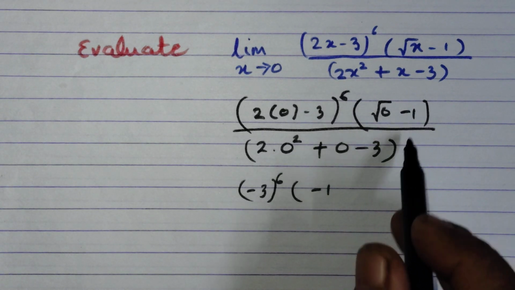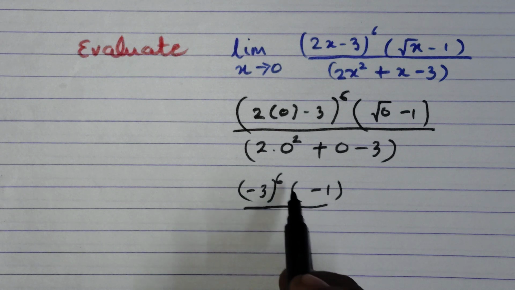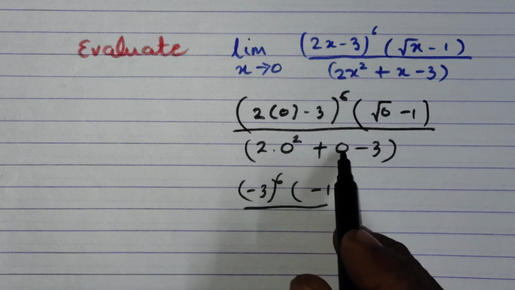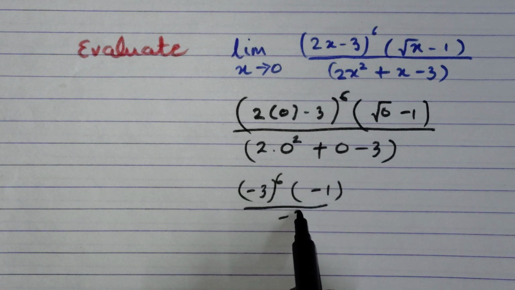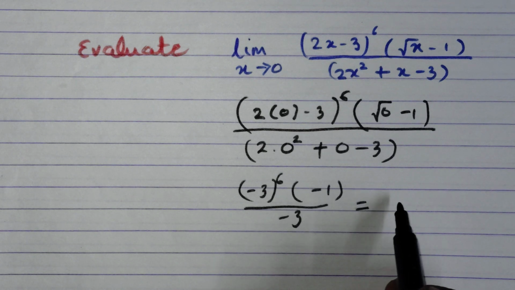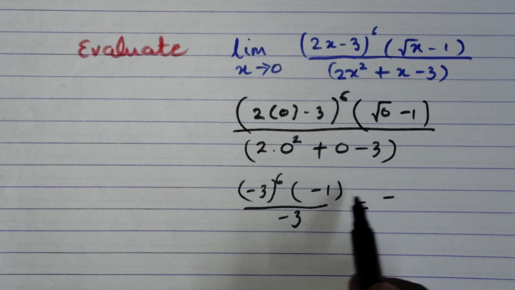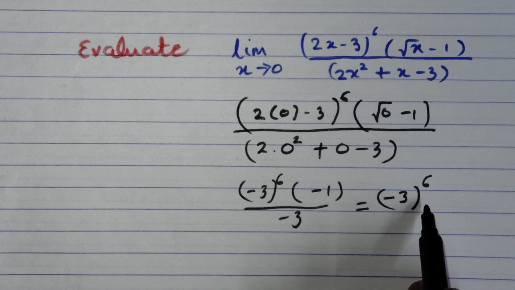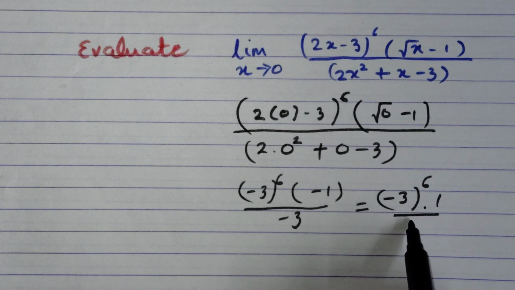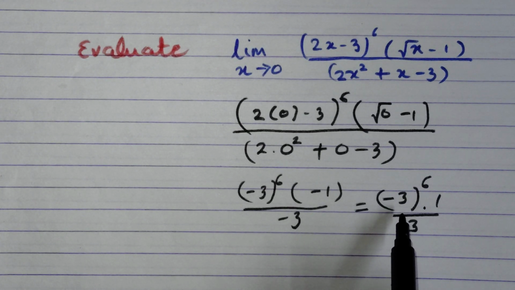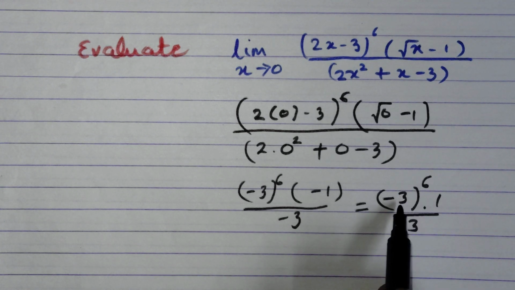Square root 0 is 0, 0 minus 1 is minus 1. In denominator, 0 square is 0, 2 into 0 is 0, 0 plus 0, 0 minus 3 is left. Minus numerator, minus denominator, minus minus cancel. So minus 3 raised to the power 6 into 1 upon 3.